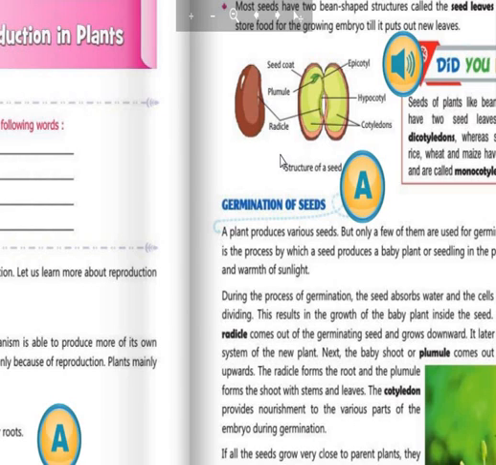Now, just look at the structure of seeds in the diagram here. Seed coat is the outer covering. Cotyledons are the food of the seed which helps the new baby plant to grow. So this area is called cotyledons.